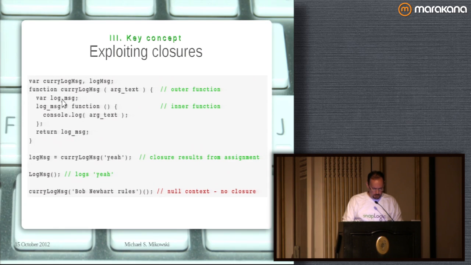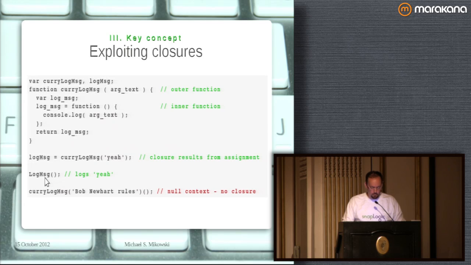When I create this function and provide this argument called yeah, I am assigning back to log message effectively pointers that point to the execution object.